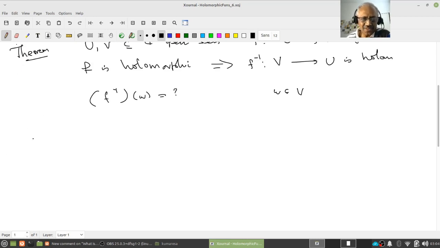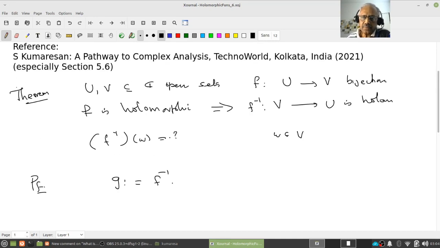So let us look at it. For simplicity, let g equal f inverse. Then I am going to assume f is holomorphic, and I am going to further assume that f inverse is continuous. So this is an extra assumption.